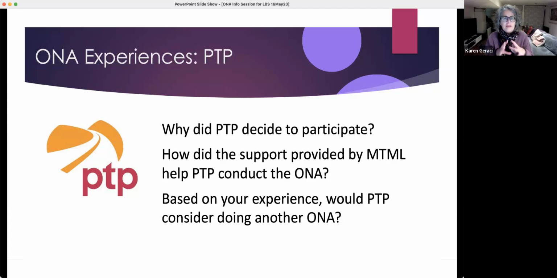So yes, and I think that was something that we really took to heart: this notion of employer outreach, and what it really means to secure an employer, is sometimes a longer term effort. That's exactly where MTML wants to spend some of its time and effort, so that it's less onerous for the LBS provider who agrees to do an ONA.